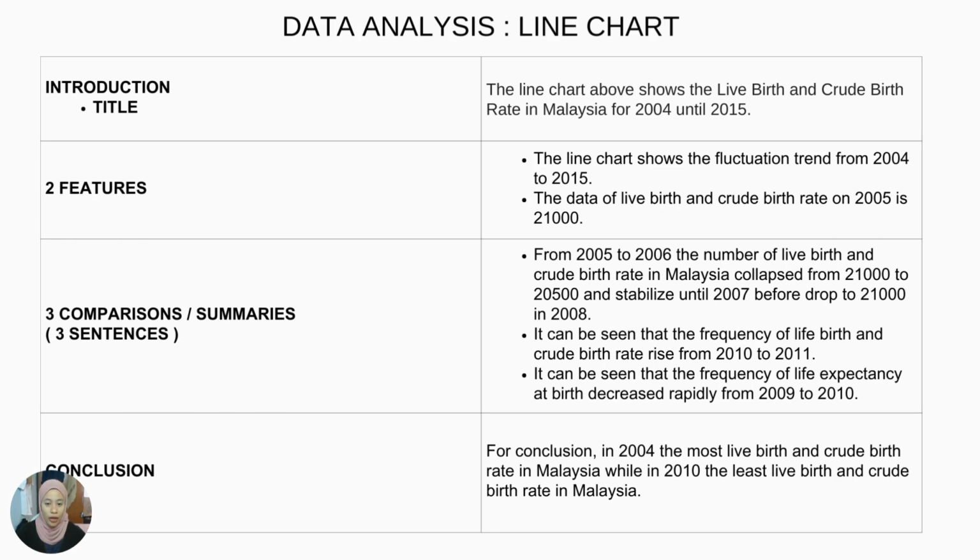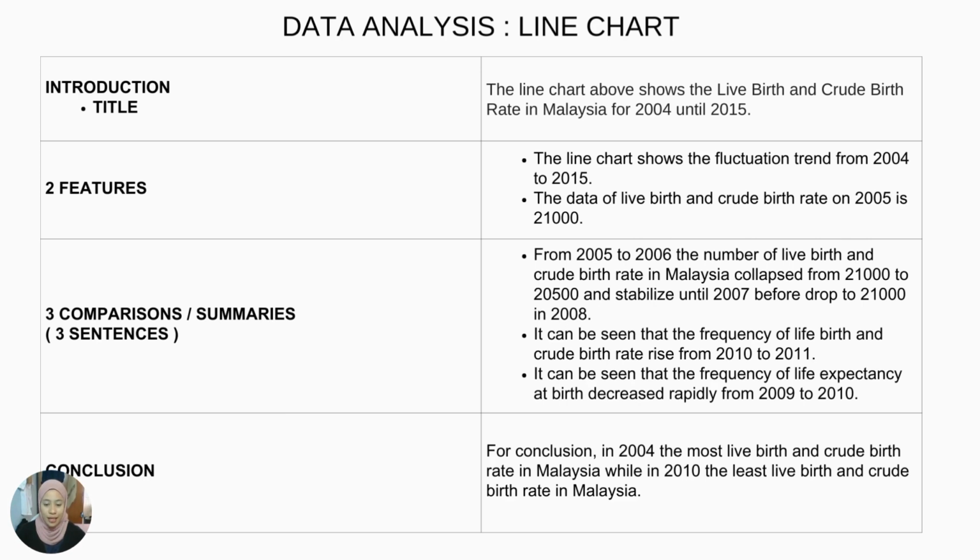The data of live birth and crude birth rate in 2005 is 21,000. From 2005 to 2006, the number of live births and crude birth rate in Malaysia fell from 21,000 to 20,500 and stabilized until 2007 before dropping to 21,000 in 2008.